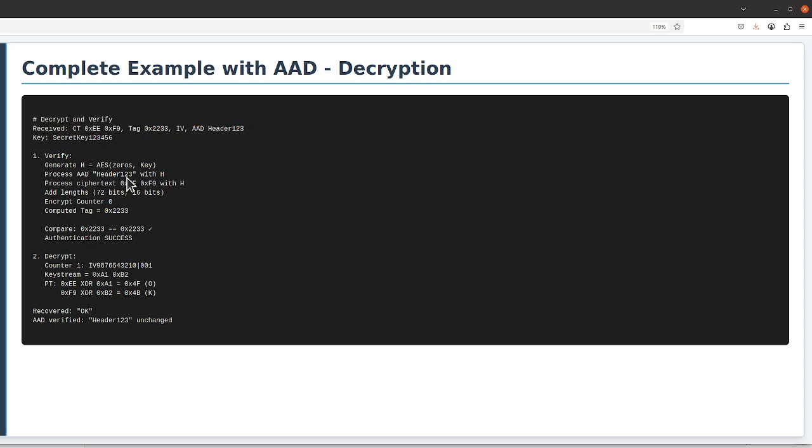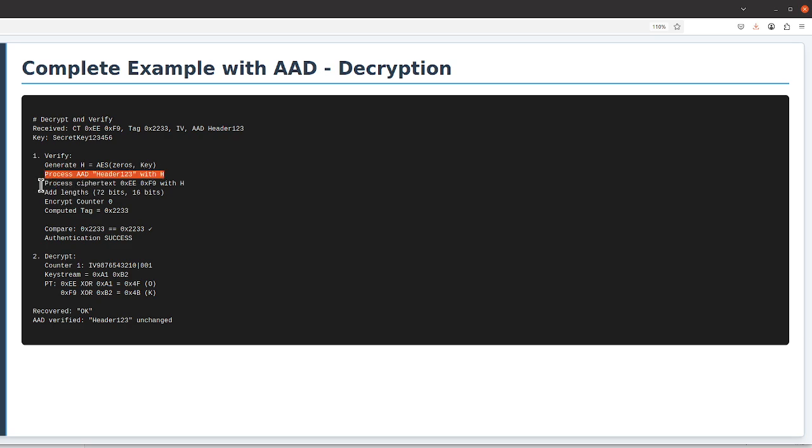Step 1. Verify authentication. First, generate H by encrypting zeros. H equals 0xAA...DD. Process AAD. Pad header 123 to 16 bytes and multiply with H, getting 0x11...44 in the accumulator.